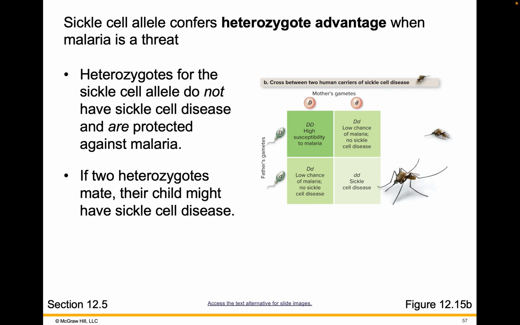Heterozygotes for the sickle cell allele do not have sickle cell disease, and they're protected against malaria. If two heterozygotes mate, their child has a 25% chance of inheriting sickle cell disease. It also has a 50% chance of not having sickle cell disease and being resistant to malaria.